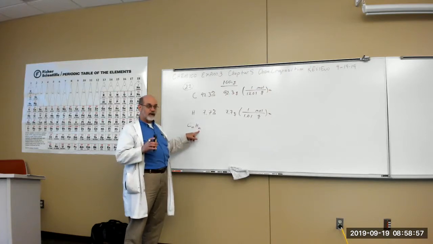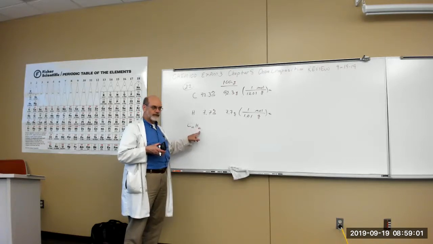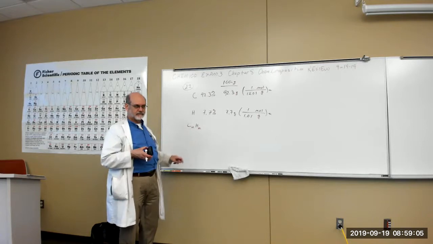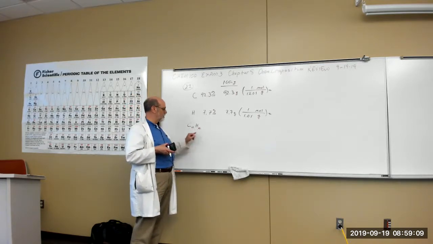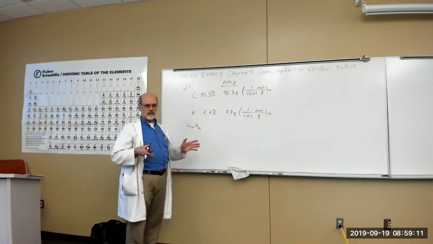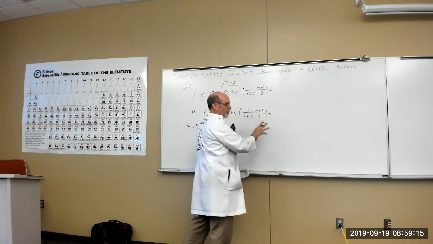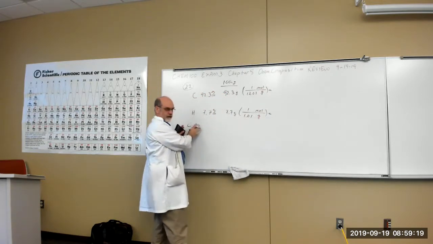But it also means so many moles of carbon ratio to so many moles of hydrogen. That's just as valid because you're still talking about numbers. Individual numbers, mole numbers, same ratio. So that's why we can find moles here and ratio them and still interpret it correctly for the compound.